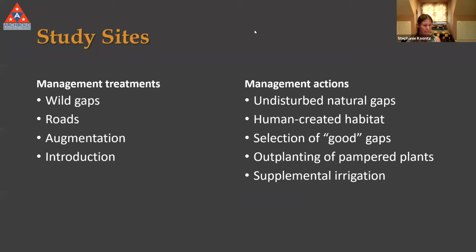Our study sites, we refer to them as management treatments. This is because the ecological and human disturbance vary among them and therefore have implications on the demographics. For example, we have our natural undisturbed wild gaps that are closing in area due to lack of fire. Our roadside habitats, however, remain open in the human-created sandy fire lanes.